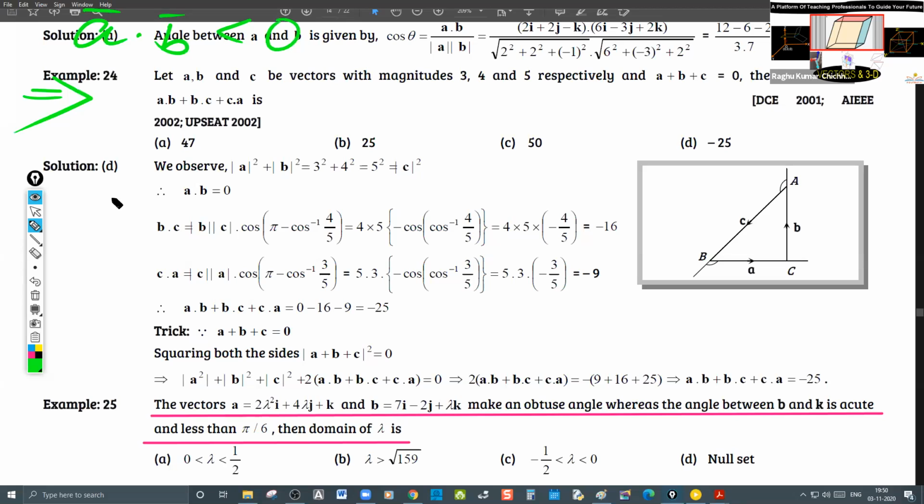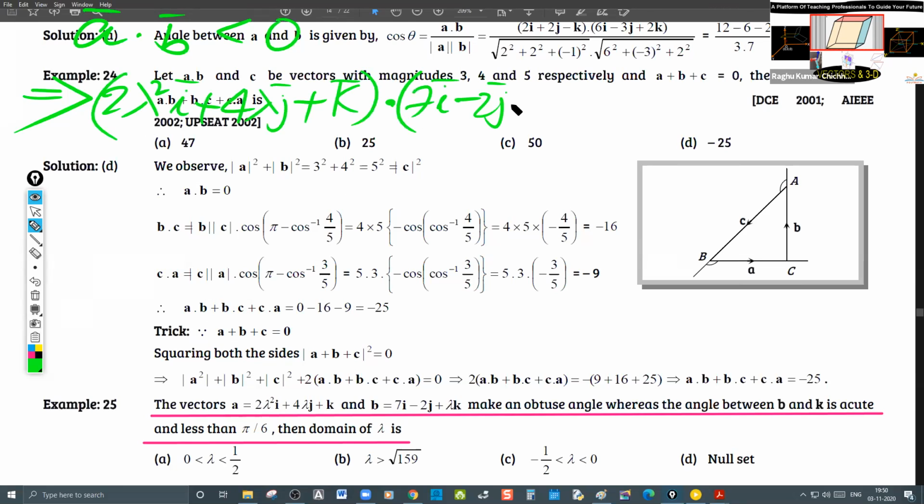Okay, then you tell me what is A bar here? 2 lambda square I bar plus 4 lambda J bar plus K bar, dot of 7i minus 2j plus lambda k, is an obtuse angle.